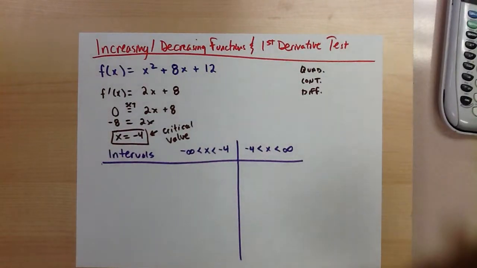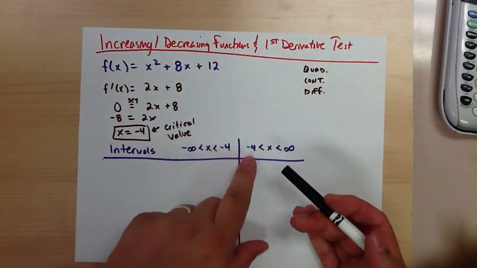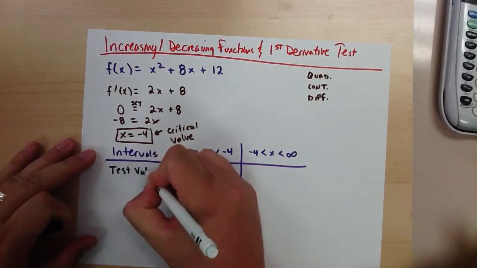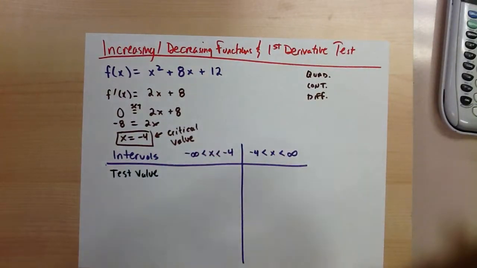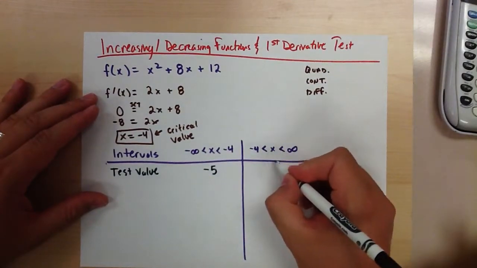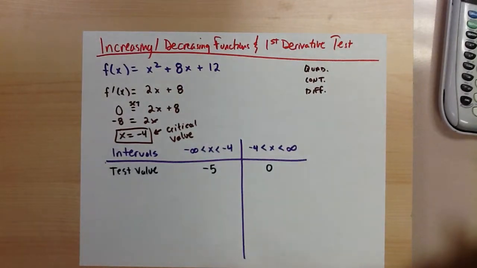And so I just want to think of a value that exists before -4 and after -4. We call that a test value. This is something you're going to make up. Just make sure it's in the interval. Don't go with anything too crazy. I'm going to put in -5. I'm going to put in 0 over here. That's always nice to work with. And so those are my two test values.